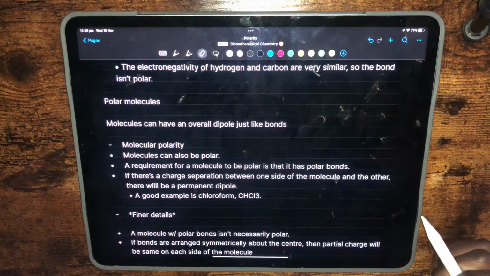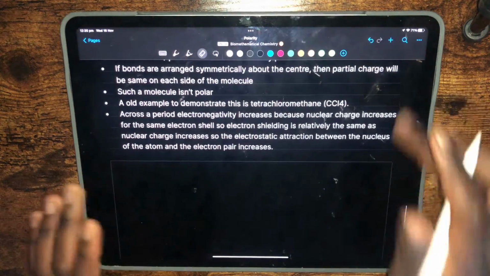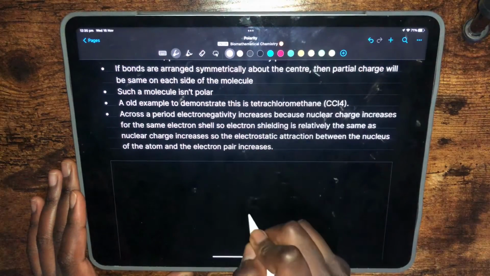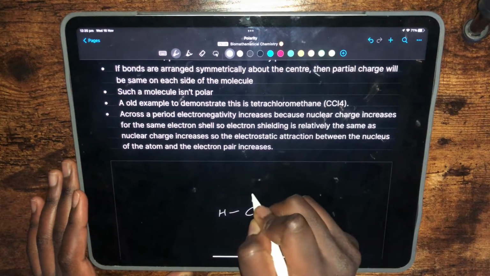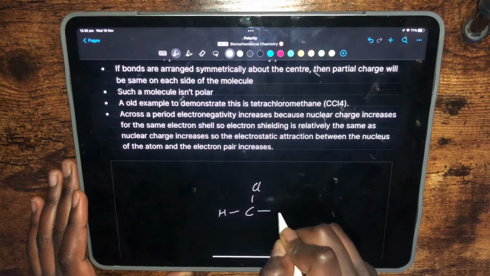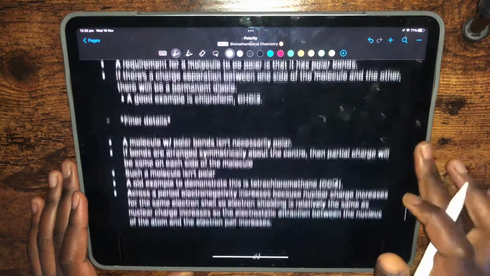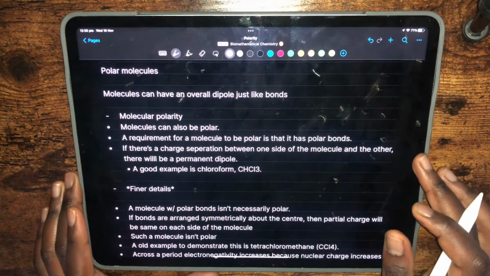A good example is chloroform, CHCl3. There's a permanent dipole because there are three polar bonds.